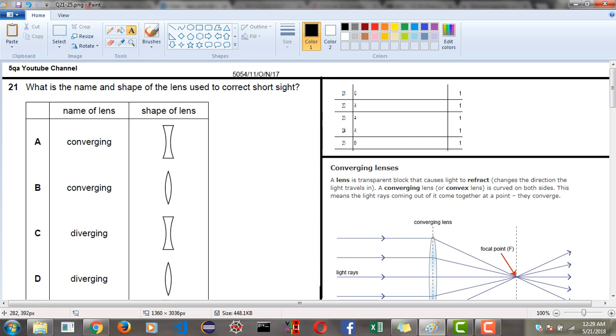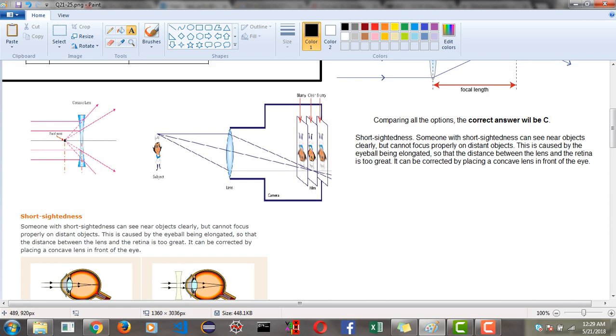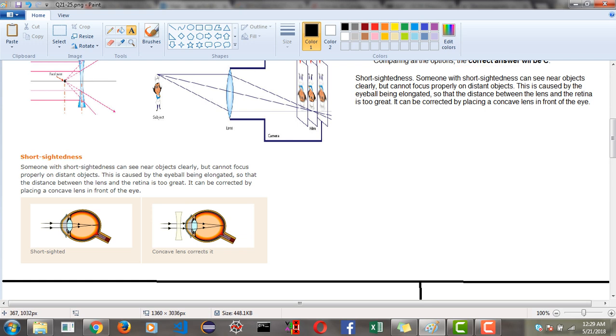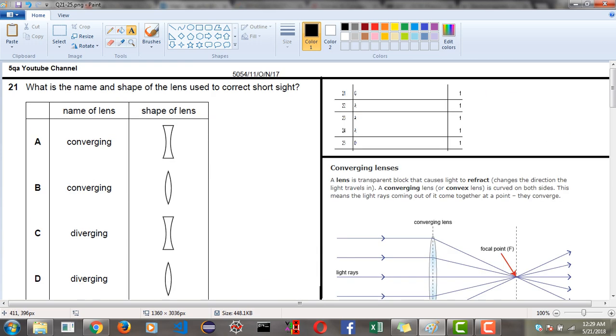It will be C. The reason you can see over here: in short-sightedness, the reflected light cannot meet at the point at the eyeball or fovea. So we have to use a concave lens to correct it so that it can reach the fovea and we can see it. So the answer will be C, that is this one, diverging, and this is a diverging lens.